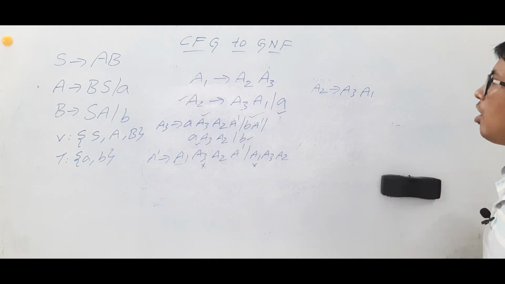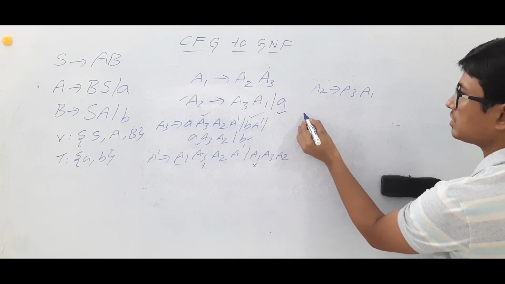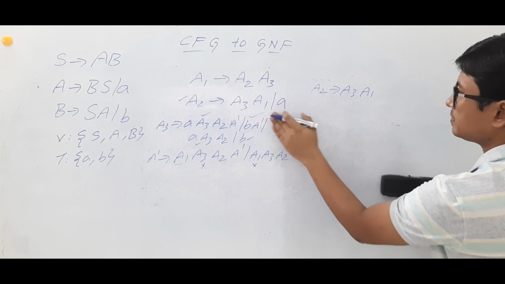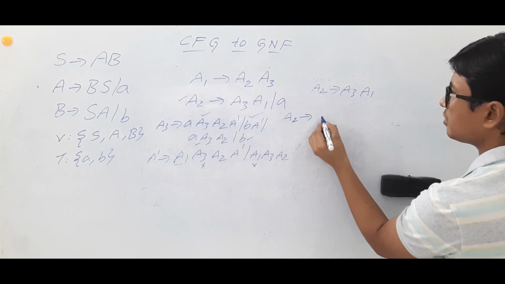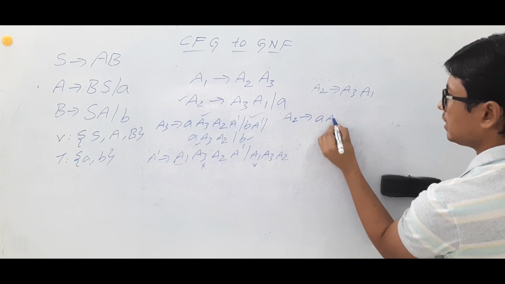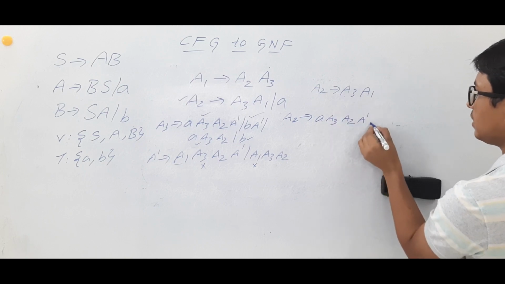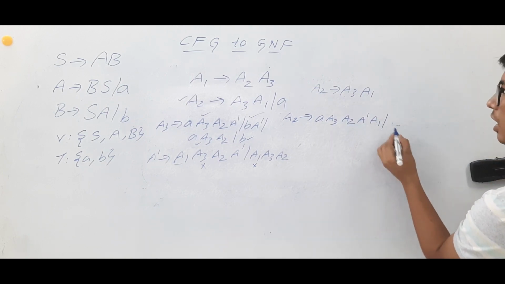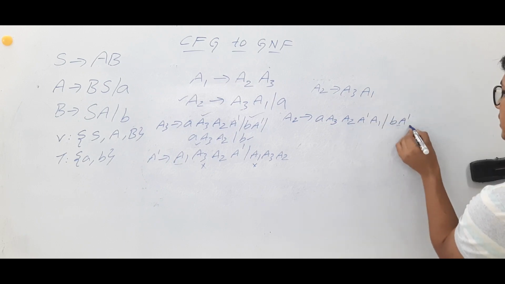So you keep all the values of A3. So what are the values of A3? Let me write it. A2 determines, in place of A3 I can keep A, A3, A2, A dash, then A1. Am I right or wrong? Or B, A dash, then A1.